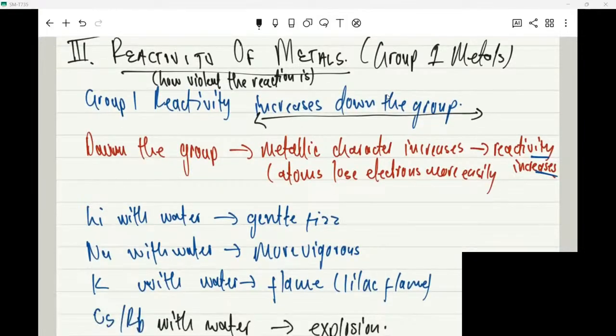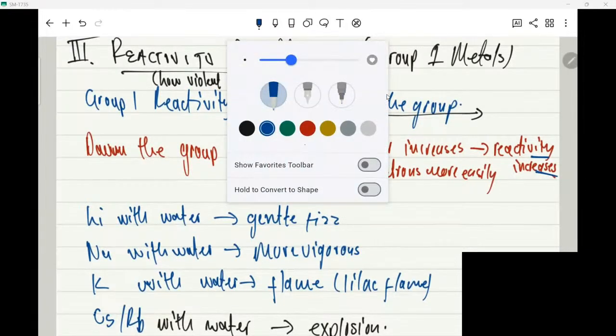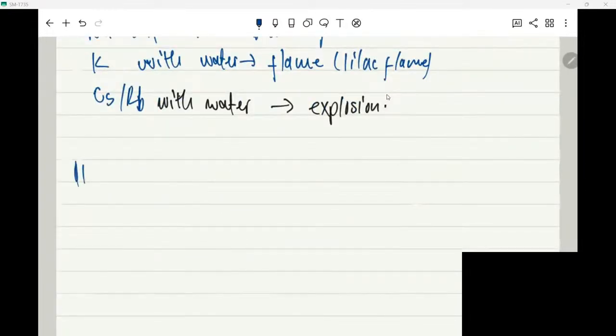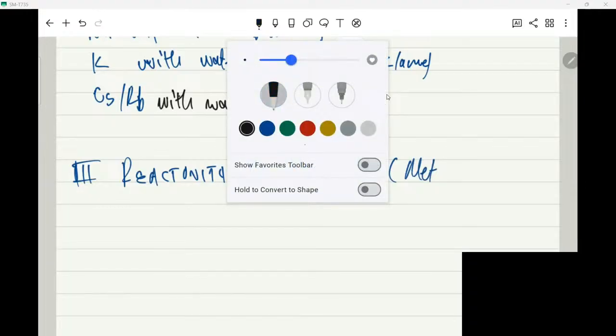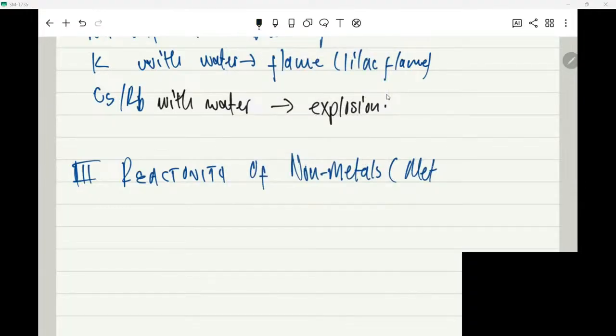Now let's talk about the reactivity of non-metals. We're going through the trends to know. Here we can say group 7.